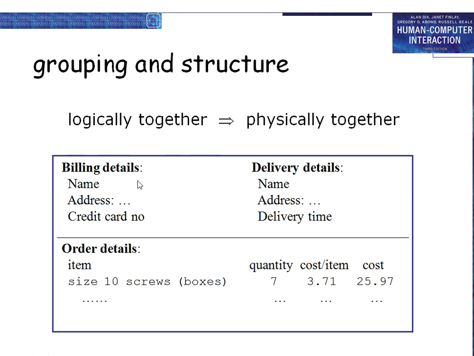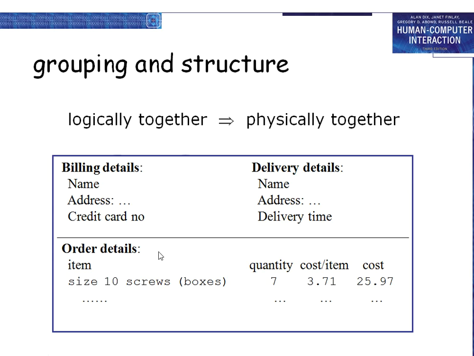It is more humanistic, in keeping with human memory. For short-term memory, we can recognize something quickly if there is grouping, or if things that are logically together are physically together.